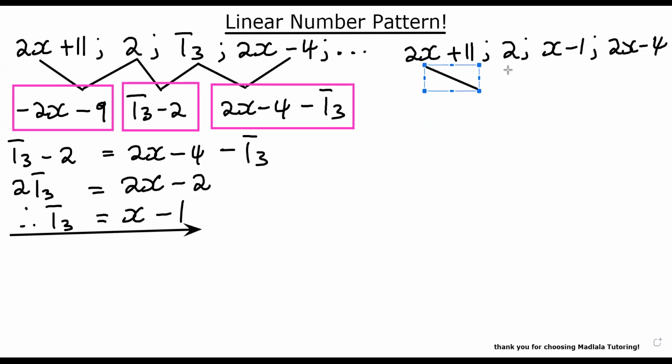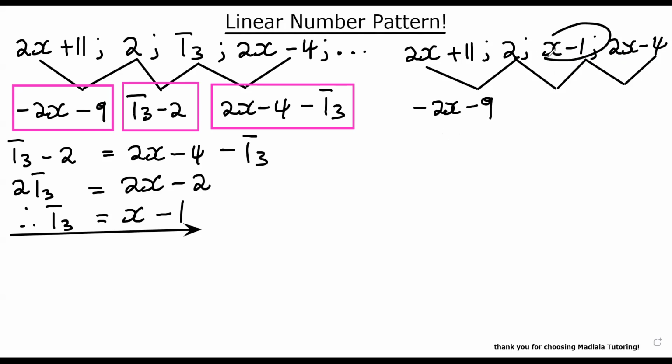And then we find our differences again, because now our differences won't be in terms of T, but rather in terms of x. Well, here we still have negative 2x minus 9. Now what about here? Well, we have x minus 1 minus 2. So we get x minus 3.